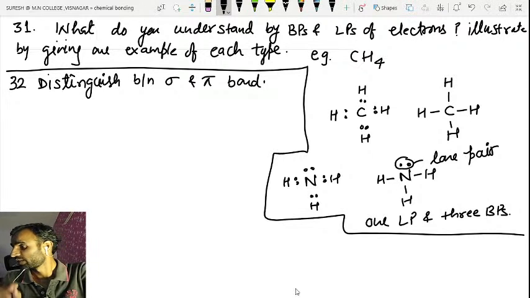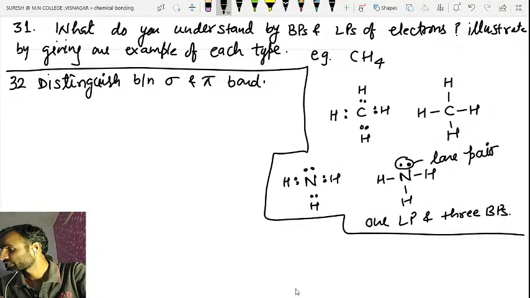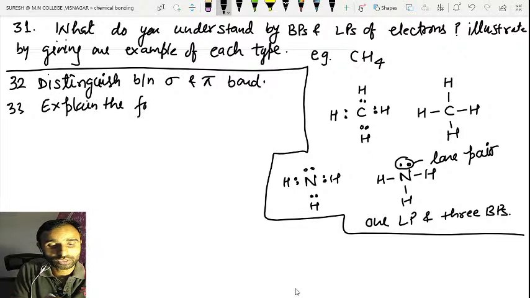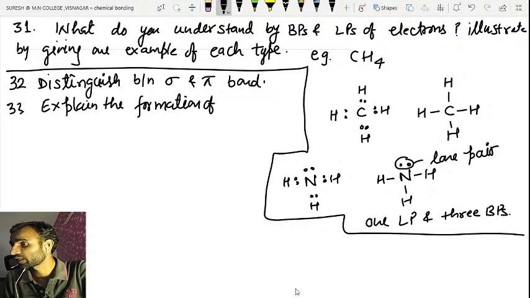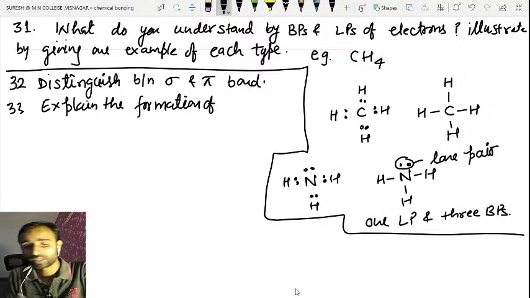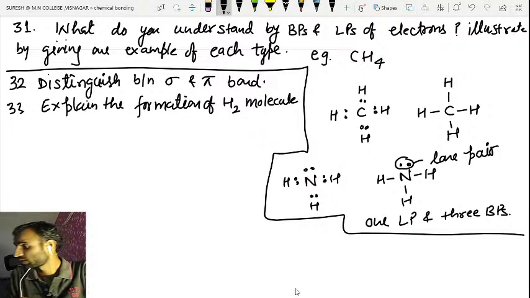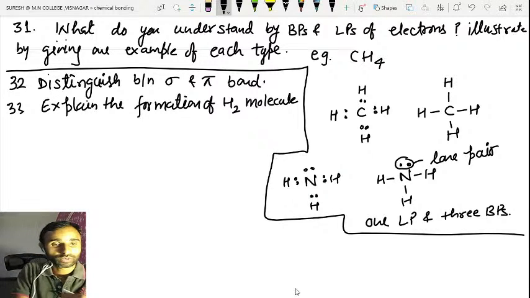Okay, next is explain the formation of H2 molecule on the basis of valence bond theory.